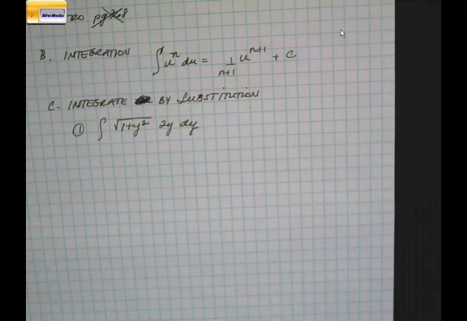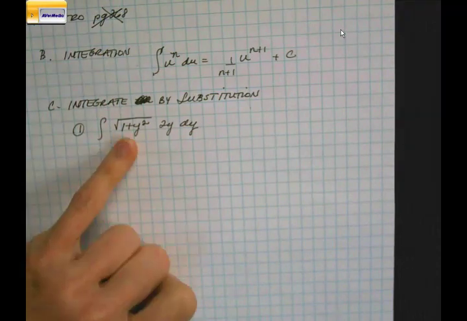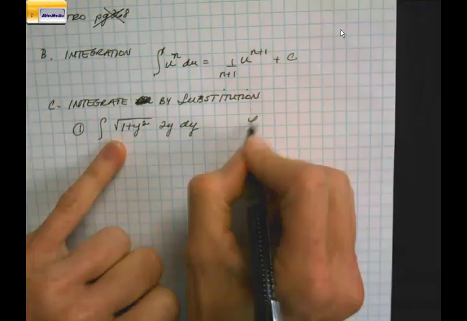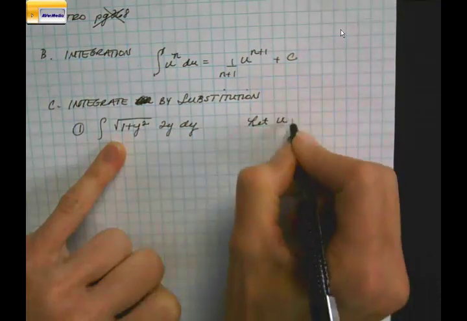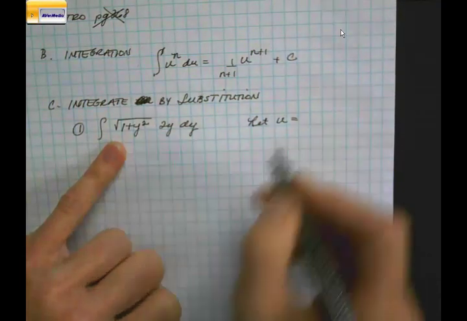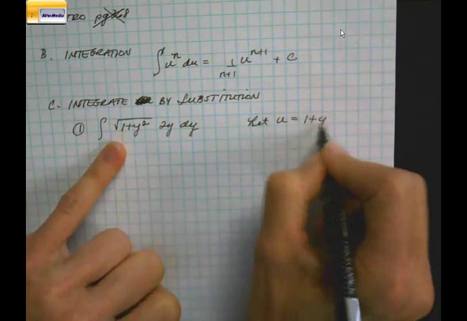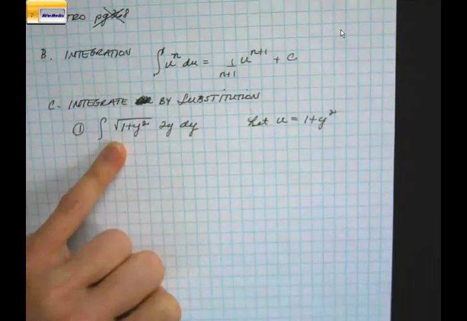But anytime you have a radical, in general, you're going to give a shot to the method of substitution using the information under the radical. What we do is introduce a new variable, consistently called u in our textbooks. Let u equal the information under the radical: let u equal 1 plus y squared.